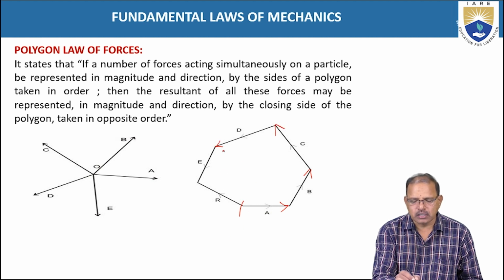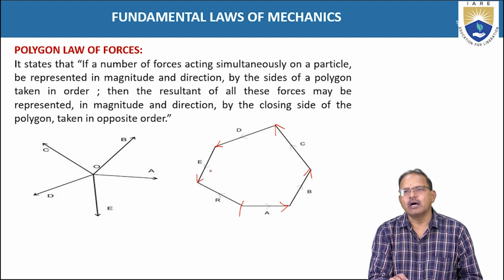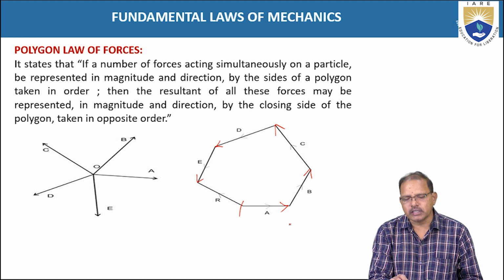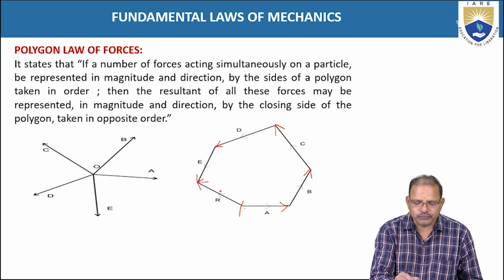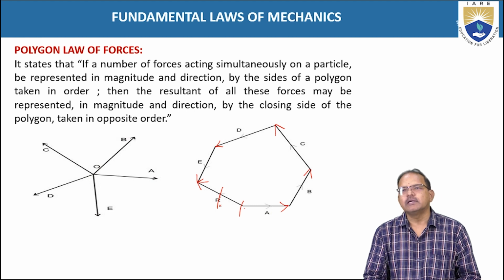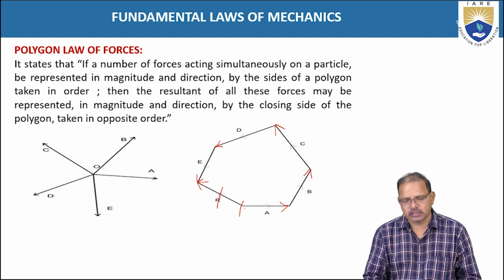And D force, again. E force, like this. That means all the forces are represented as sides of a polygon taken in order. The closing side is there now. This is treated as the closing side, which is representing the resultant of all the 5 forces but taken in opposite order.